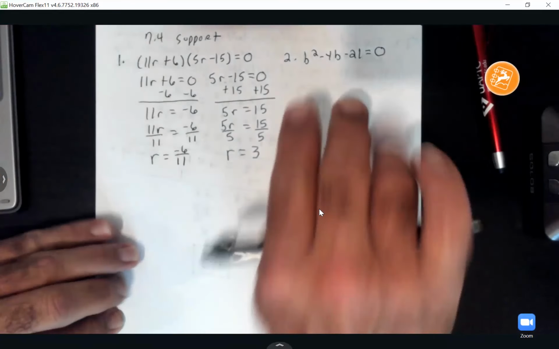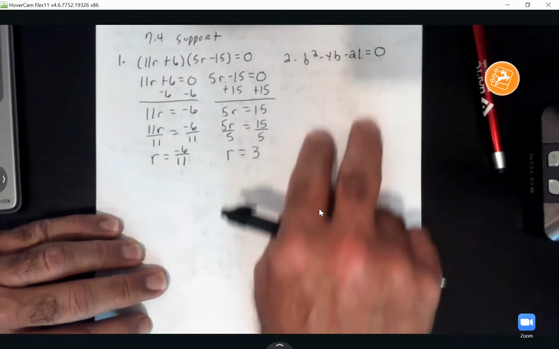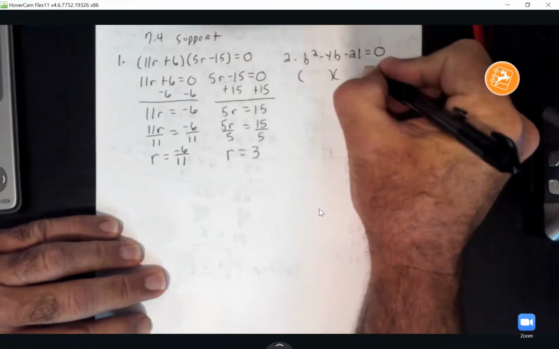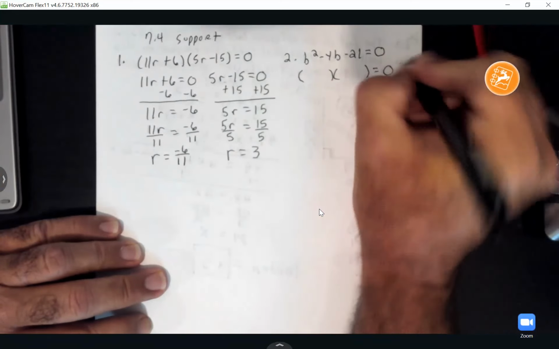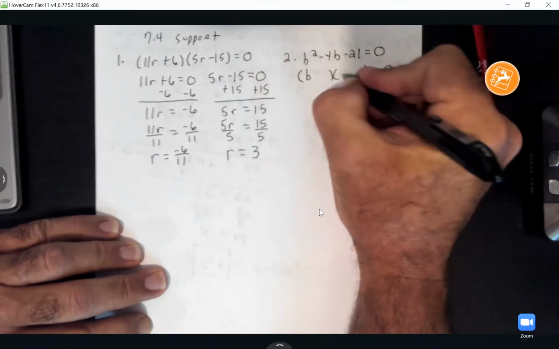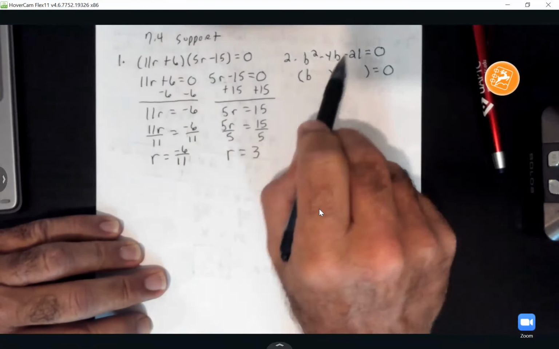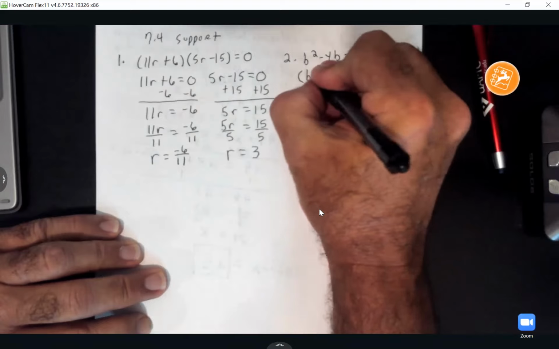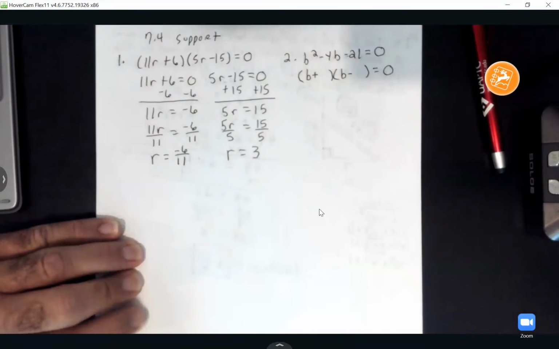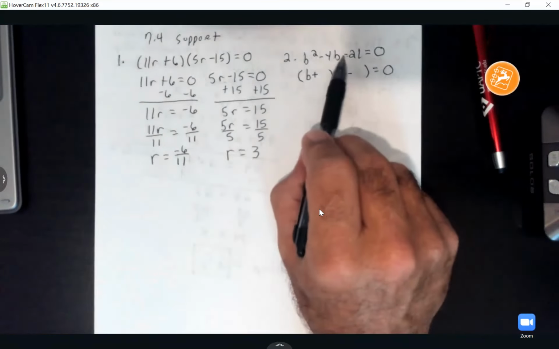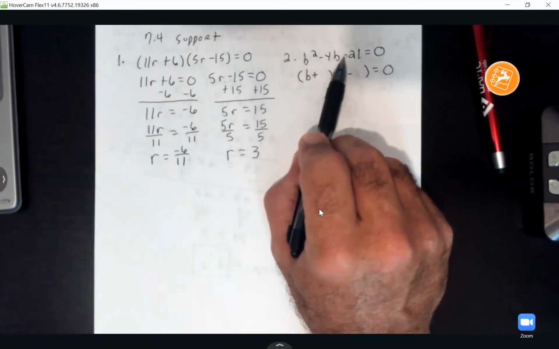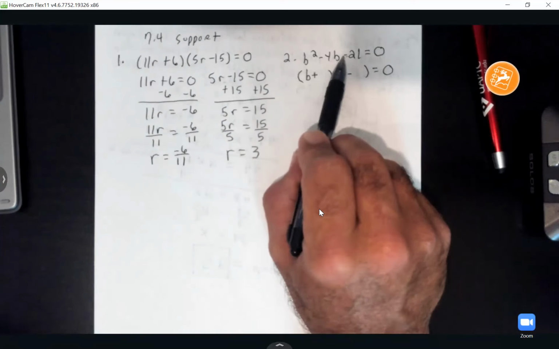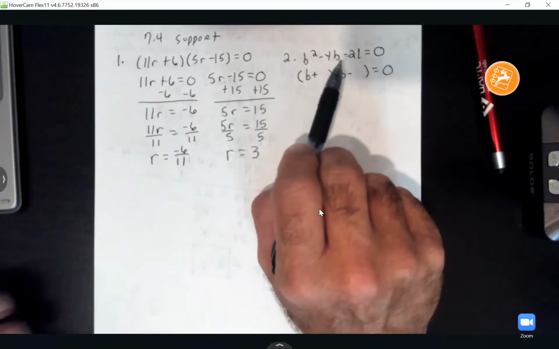Now, starting at number 2, you got to factor them and then solve them. So factoring that, we're going to put these in parentheses. B squared is a B and a B. Now remember, that last sign's negative. So one of these is positive, one is negative. Now, since the last one's negative, can y'all find me any factors of 21 that'll subtract to give me a 4?